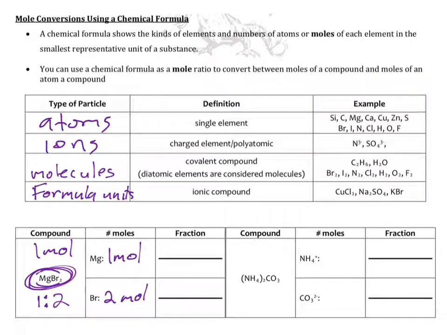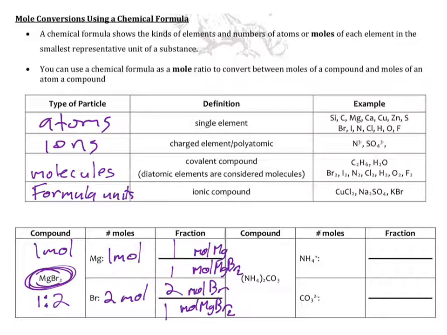And the fraction we would use is moles of MgBr2, and then we go to moles of Mg. For every one of these, there's 1 of those. Or we can go from moles of MgBr2 to moles of bromine. And in this situation, for every one of these, there's 2 moles of that.